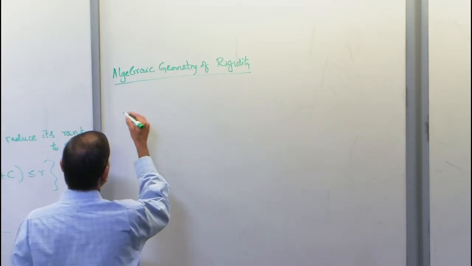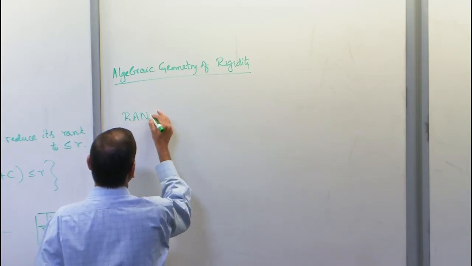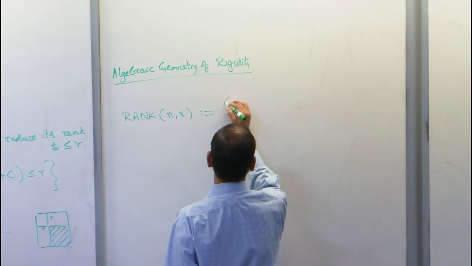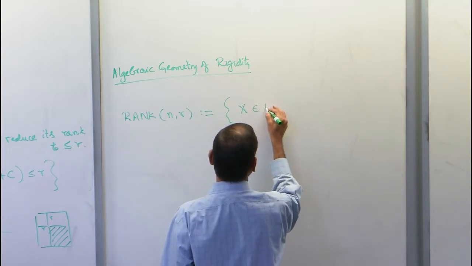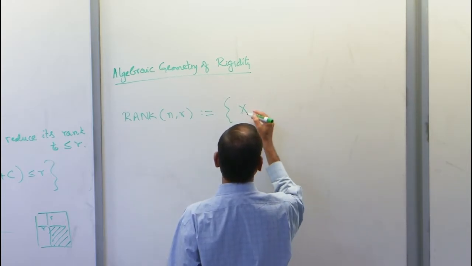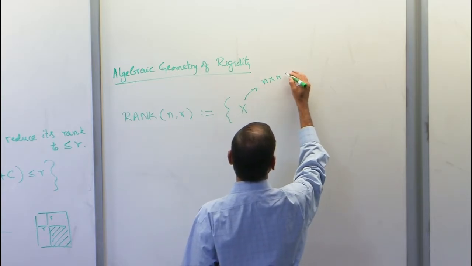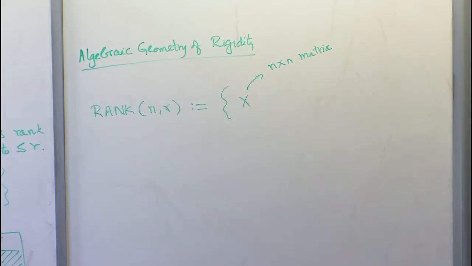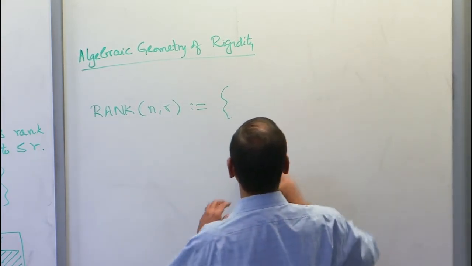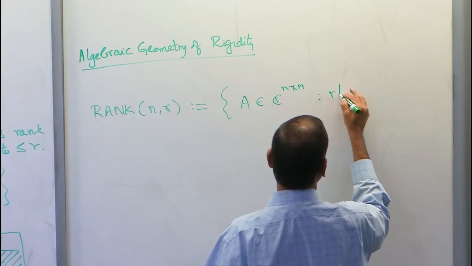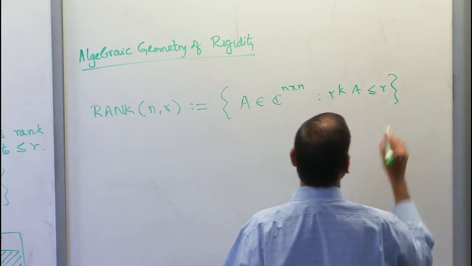Okay, first of all, the easier thing to look at is the variety of matrices of rank at most r.